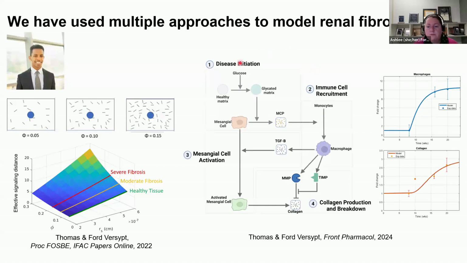He also had an ordinary differential equation-based model where he put in different processes and different cell types that would regulate fibrosis and used experimental data in the literature to parameterize this model, and then thought about different ways he could perturb the system that could have pharmacological types of actions. And so we published this in Frontiers in Pharmacology in the fall, but it's a really well thought out paper from Haryana where he devised this whole thing.